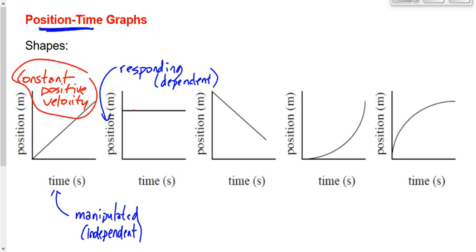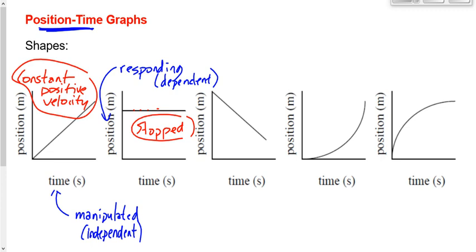The position isn't changing. So we're going to say this object is stopped. Now, you could technically say, because it's stopped, it's a constant 0 velocity, because it is, right? It's constantly 0 velocity. But it probably makes more sense to say that it's just stopped, or you could say no motion. Anything like that would work.